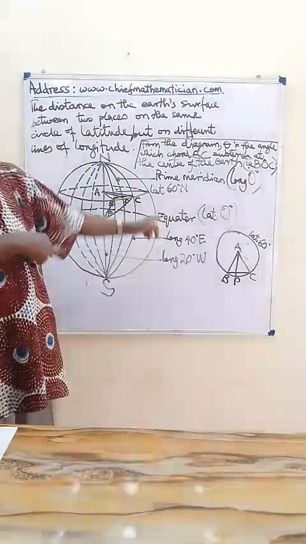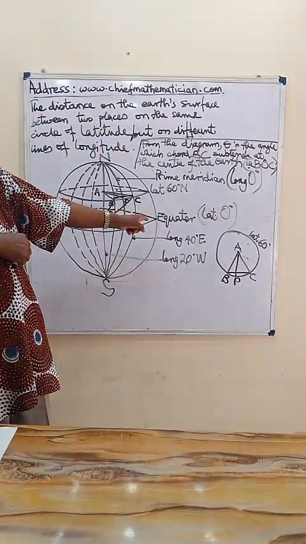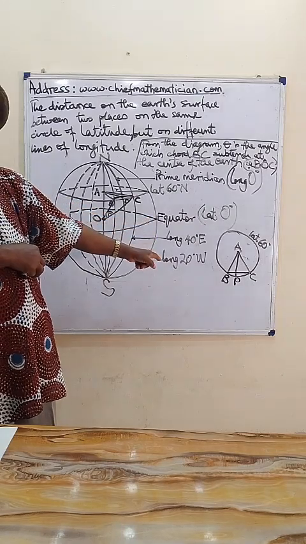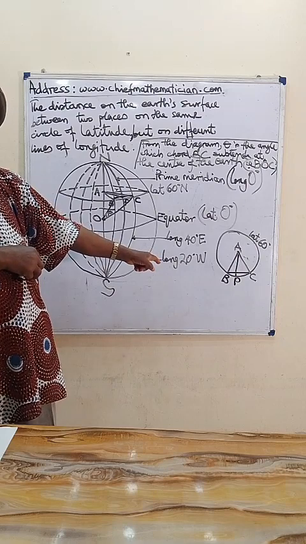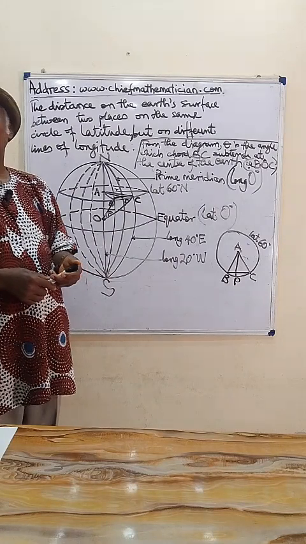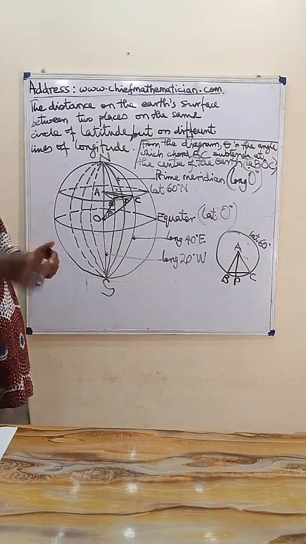That great circle has angle theta at the center of the earth, and that angle can be calculated. We can calculate that angle if we are looking for that length of distance again, but this time on a great circle.